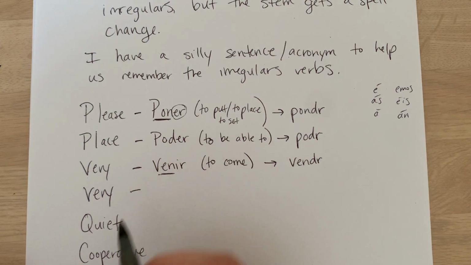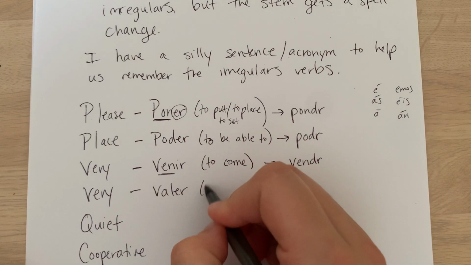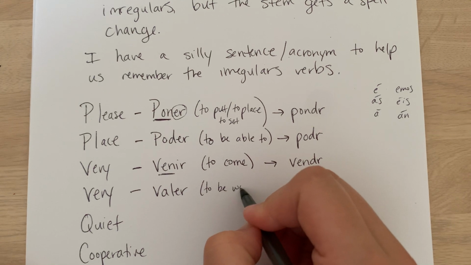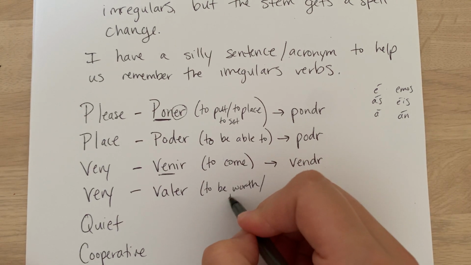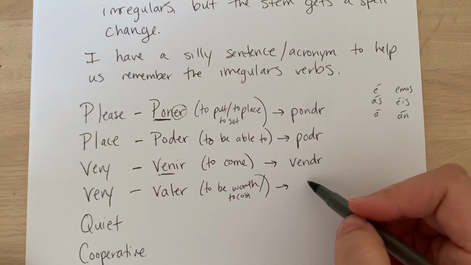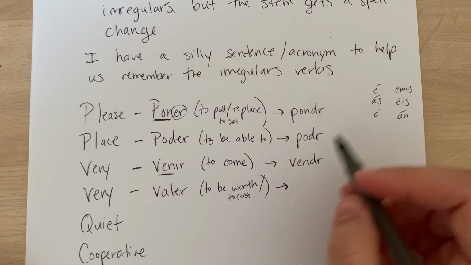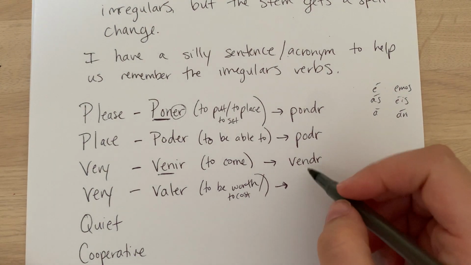All right, next verb. We've got valer, which is to be worth or to cost. So this one is used a lot of times with an impersonal expression. So like it will be worth it, like worth the pain.